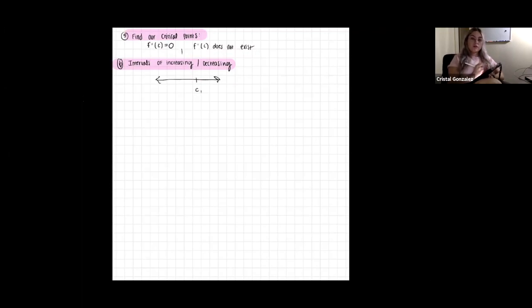So if you have one critical point here, another one here, and another one here, it doesn't have to be in any specific order. Remember, it's just from decreasing to increasing. Then you can tell where the intervals are increasing and decreasing. And then from there, we're going to find our local extrema. So our 7th step is to find our local extrema.